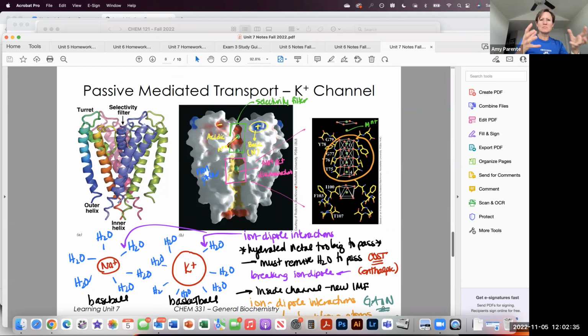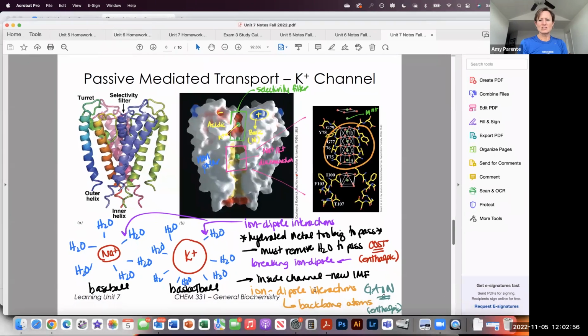But even once we remove those waters of hydration, we need to think about why that small piece can't get through. And it has to do with the fact that taking those waters of hydration off is an enthalpic cost. That's not going to fully happen unless on the back end we have some type of a gain. And in this case, it's an enthalpic gain. Okay, it doesn't always have to be enthalpy.